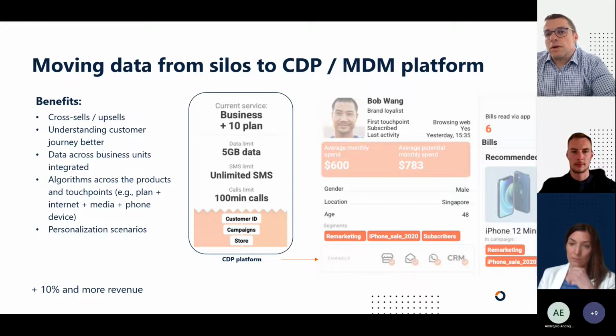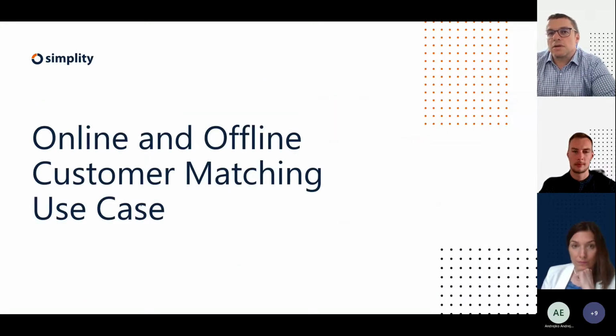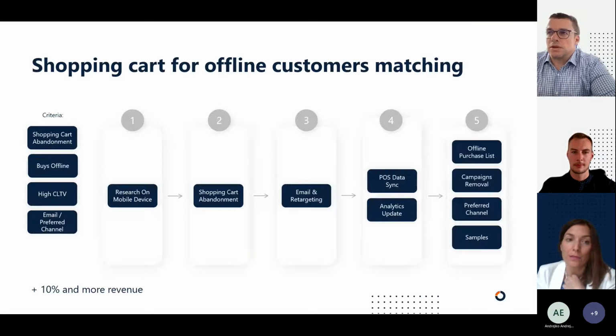When we go to another slide, or let's say use case, we can see offline clients, one possibility of how to match the offline and online world with customers.